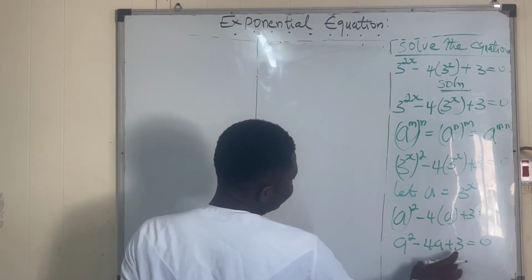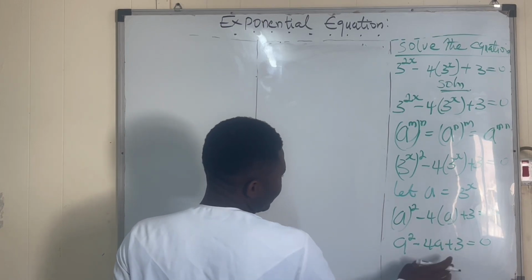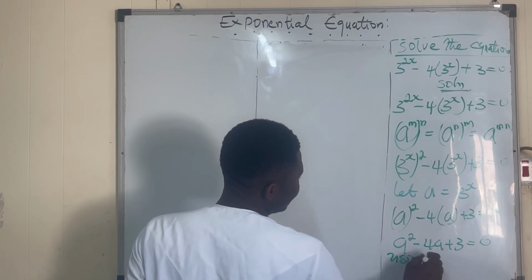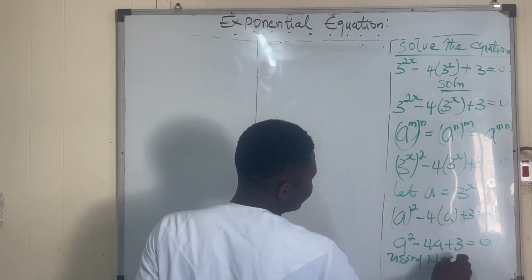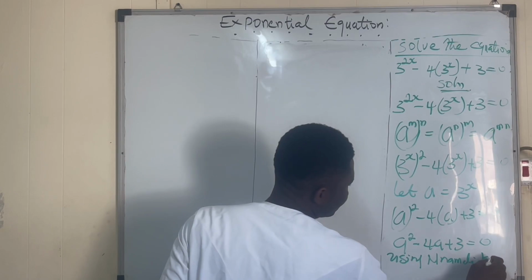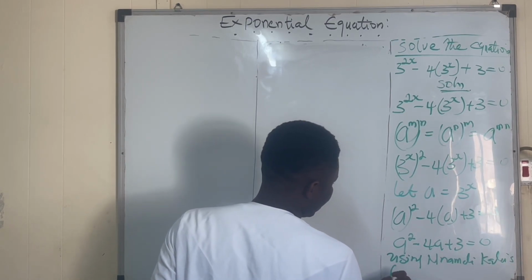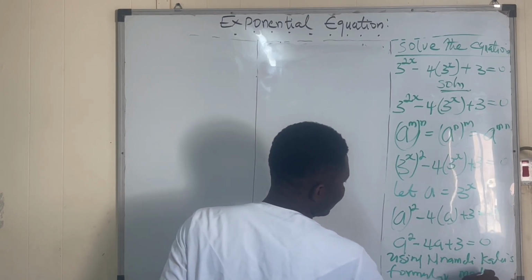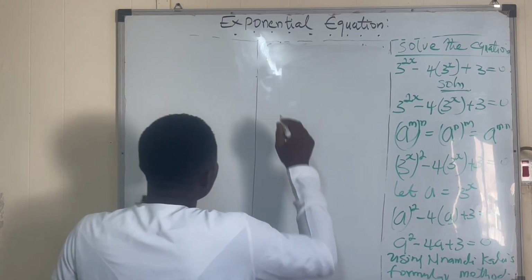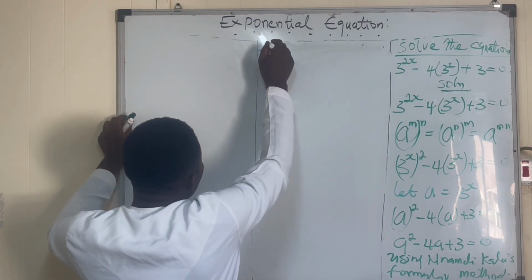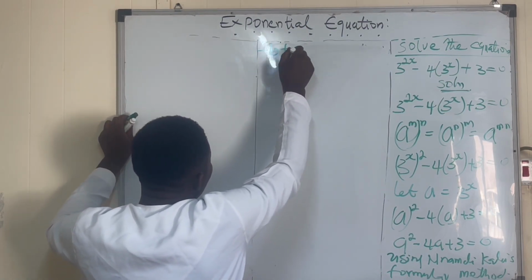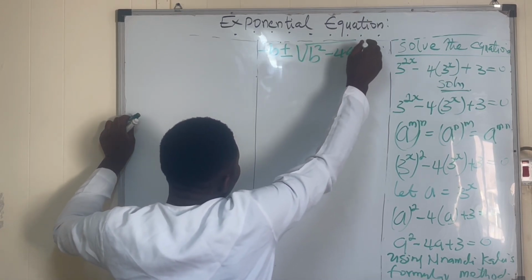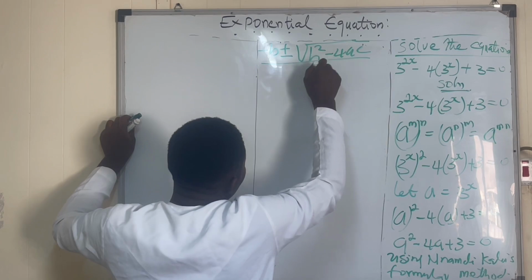So we can use it and solve this problem. It says x equals minus b plus or minus the square root of b squared minus 4ac, all divided by 2a.